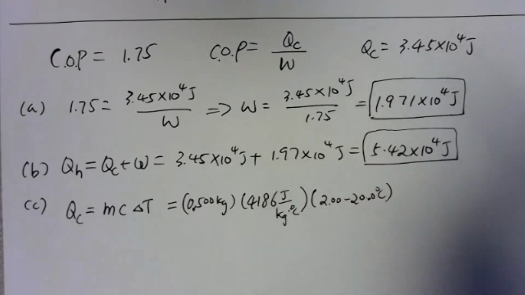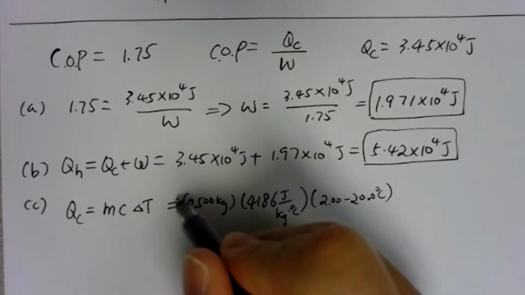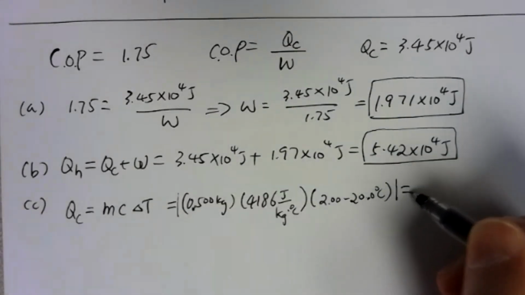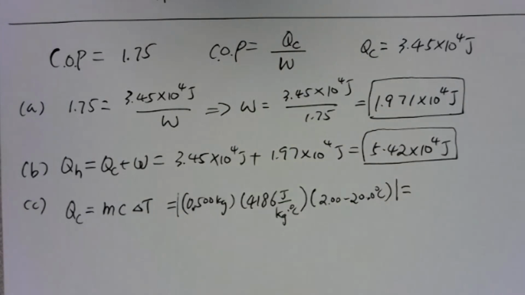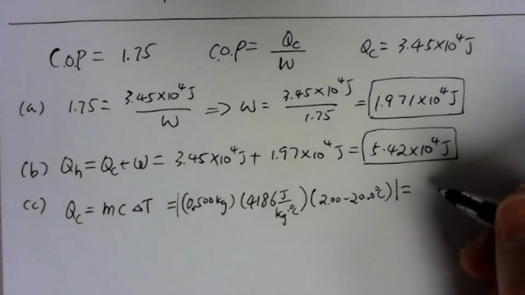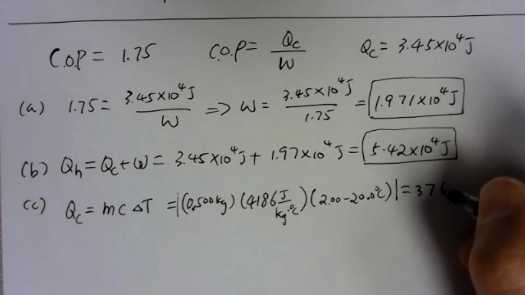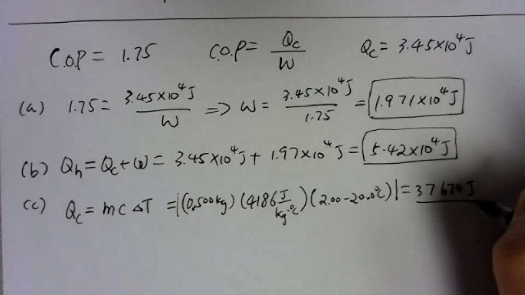Because we define it as how much heat is taken out, we probably want the absolute value of this. That's equal to how much heat is withdrawn, which gives you 37,674 joules of heat.